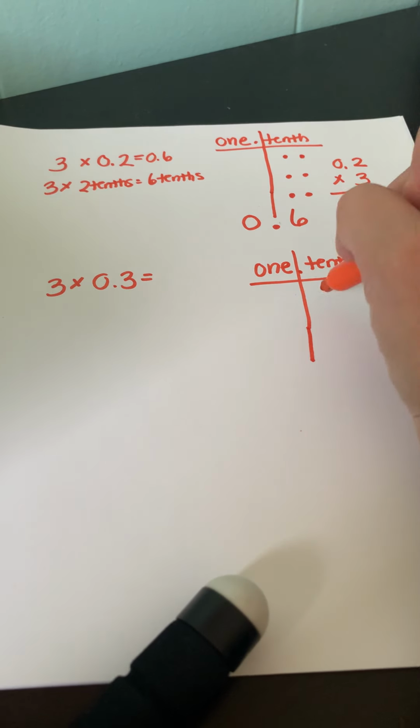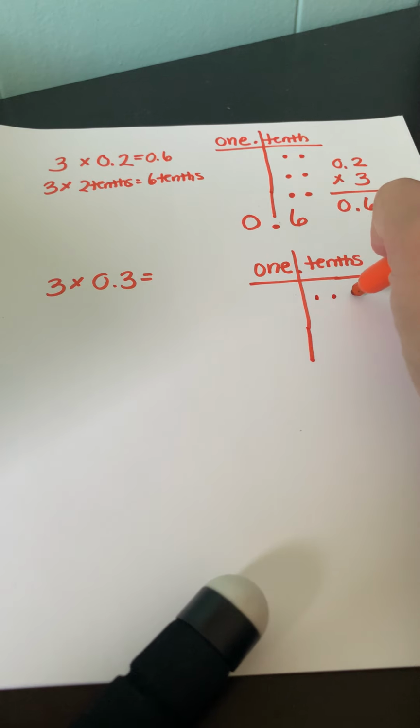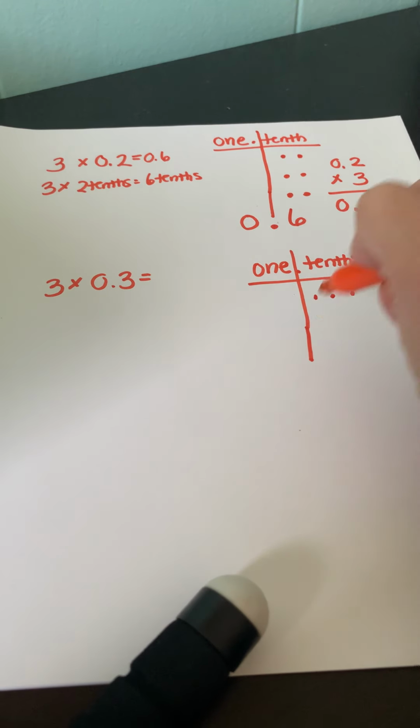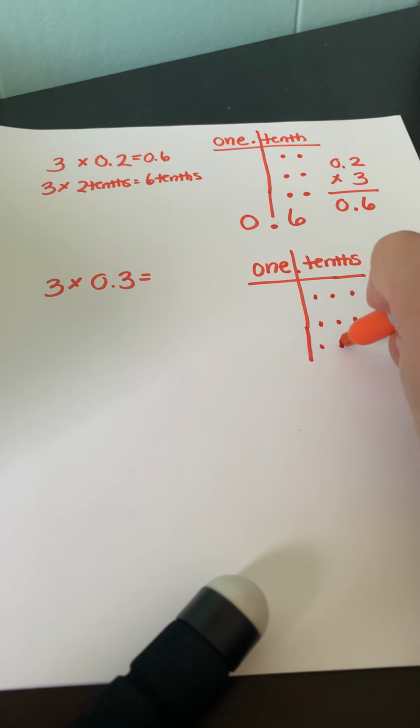All right, welcome back. Here's 1 copy of 3/10. Here's another copy of 3/10. And here's a third copy of 3/10. How many tenths do I have now? 3, 6, 7, 8, 9. That would be 9/10.